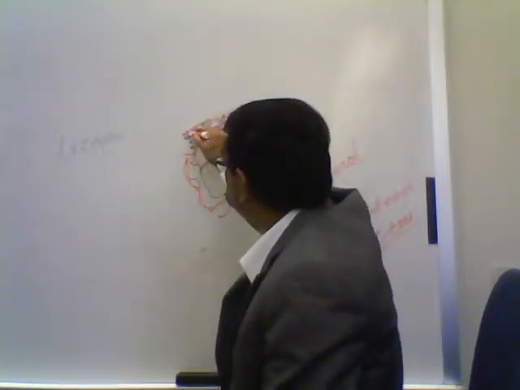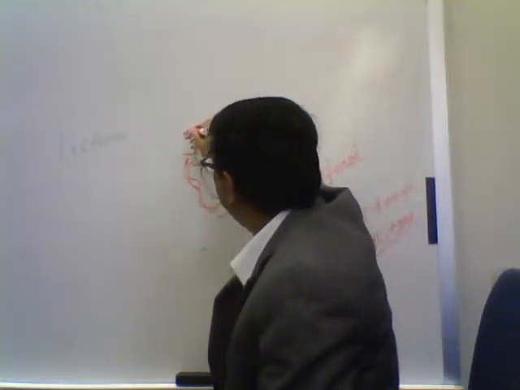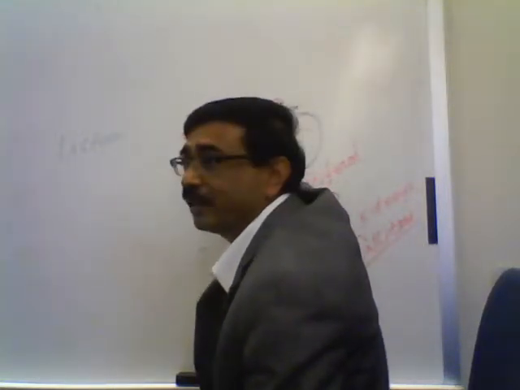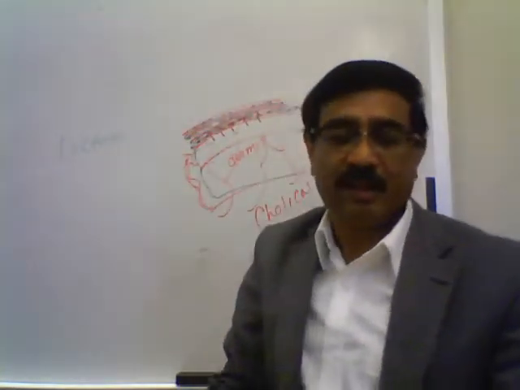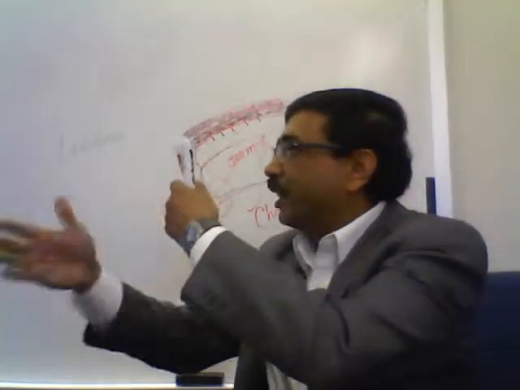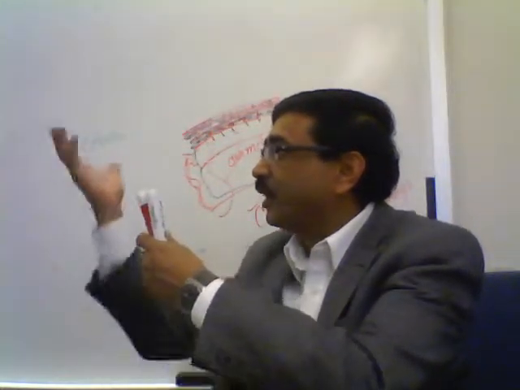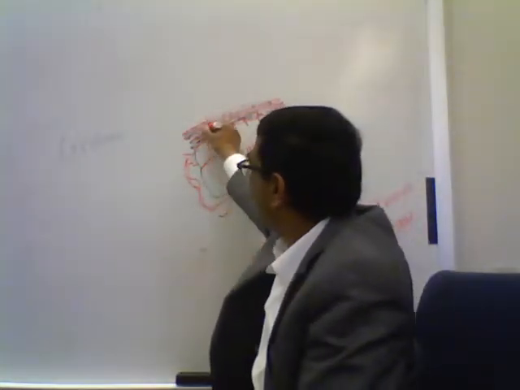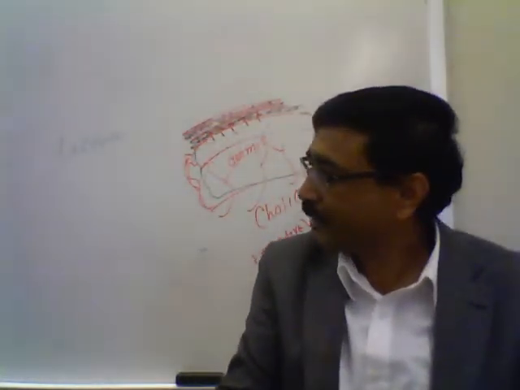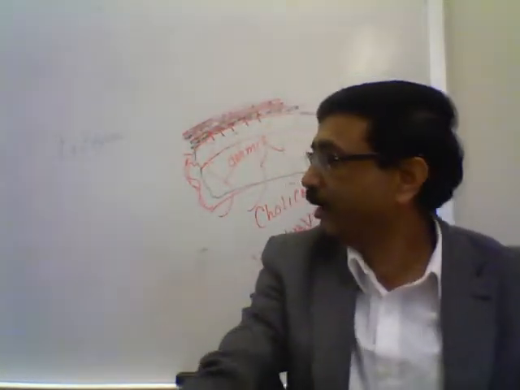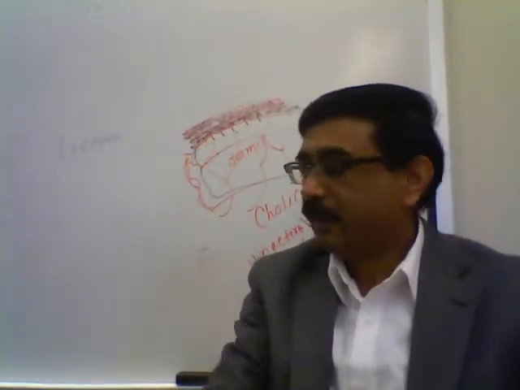That's why we see many superficial cells of the epidermis are dead cells. Make sense? Many of them are dead. And those cells get out from the skin and new cells are produced from the stem cells and move up. So the superficial cells are replaced by the new cells.